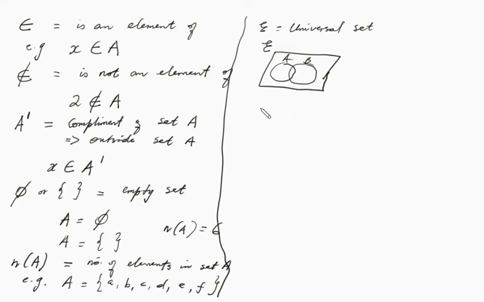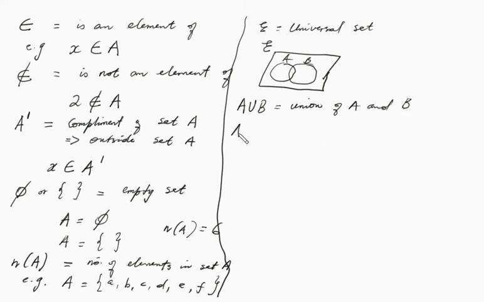Now, we have another symbol which you would see, A union B. This is the union of set A and set B. That means we put the elements of set A and set B together.